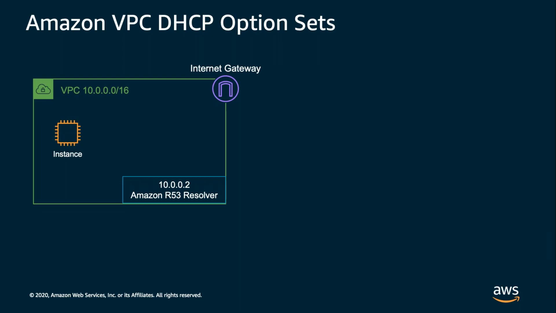Within a VPC, we have DHCP option sets, which control the DHCP parameters, which is the automatic information that gets associated with an instance when it launches, very similar to when you launch an instance in any network. It requests an IP address and additional information as well.